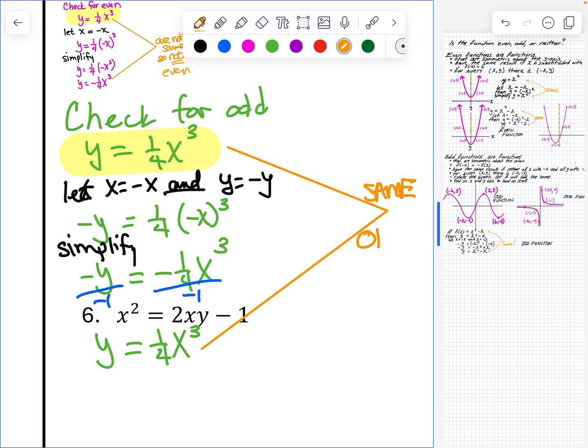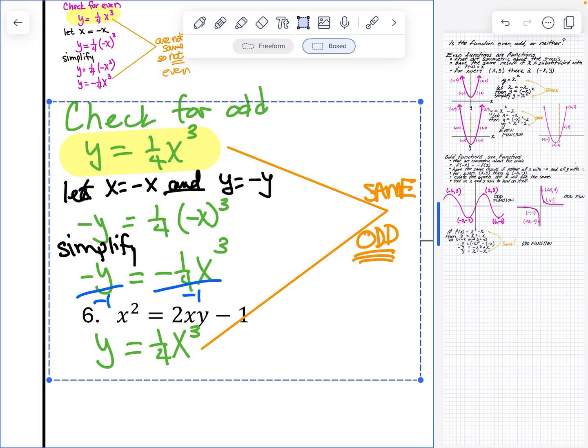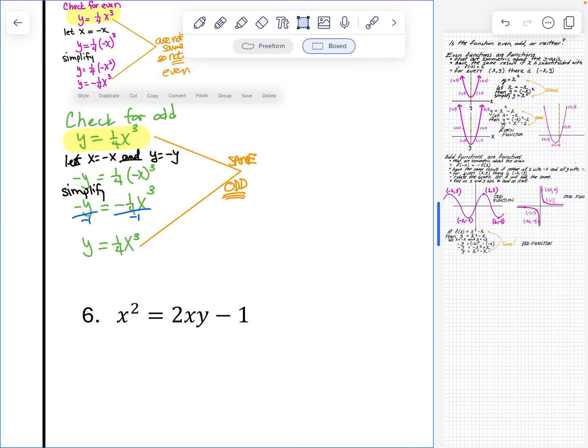So it is odd. So it passes for odd, so it is odd. So that is the check for odd. The check for odd is to replace x and y with their negatives. Okay? All right. The other thing is to look at it, y equals 1/4 x cubed.